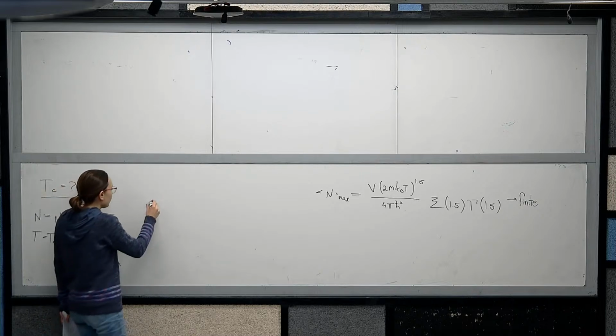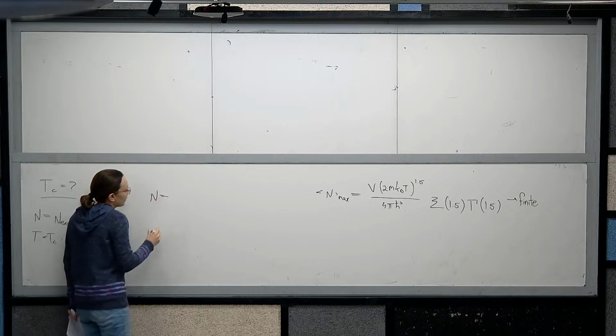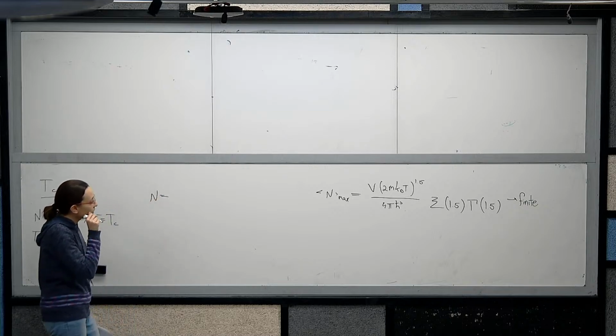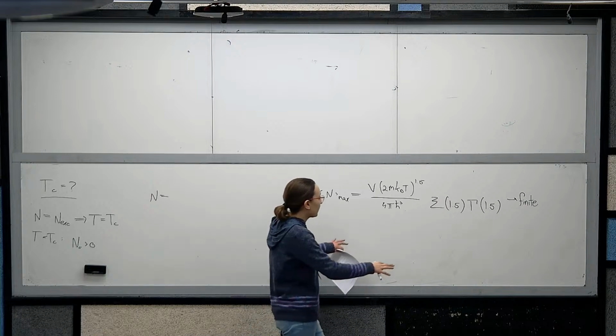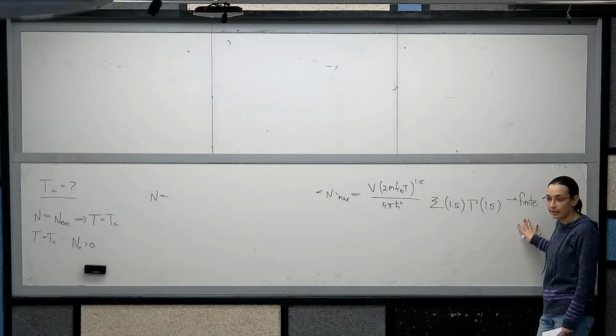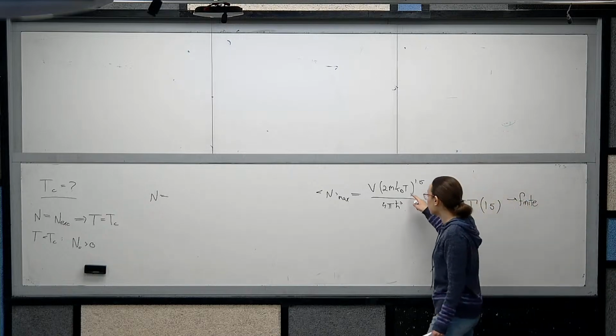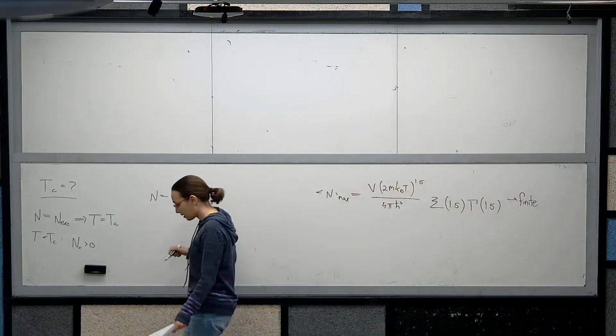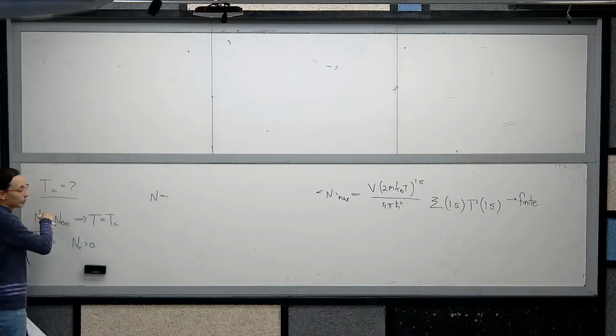So the total number of particles will be equal to the number of excited particles in the system, but at a specific temperature, the critical temperature.